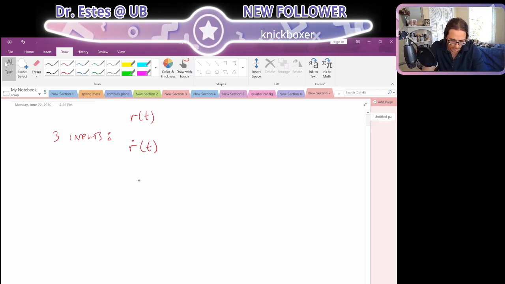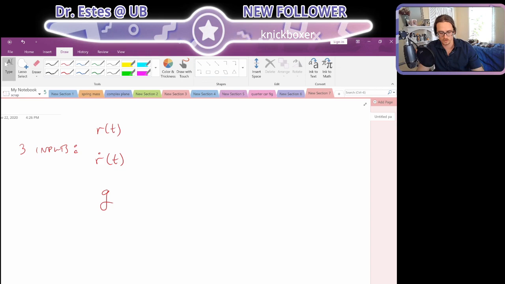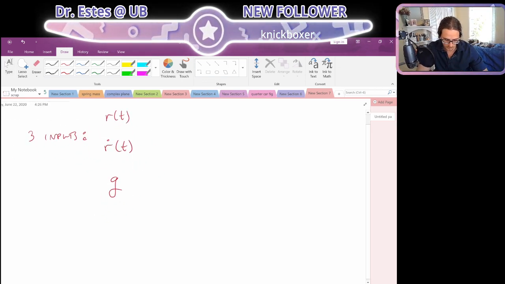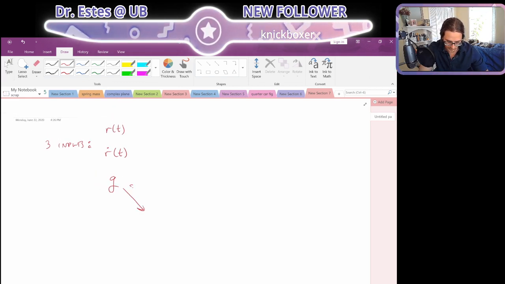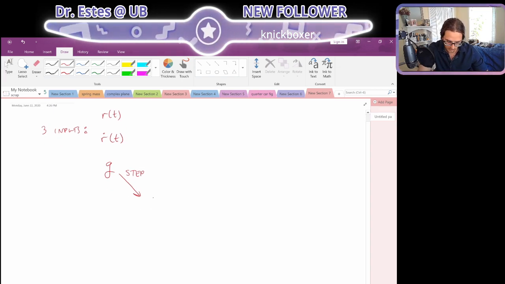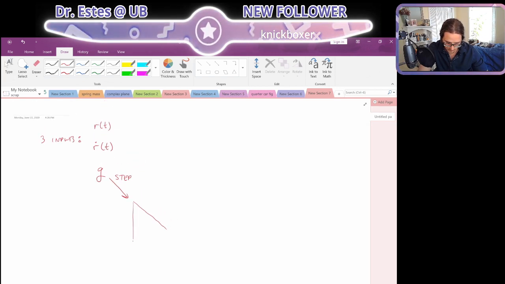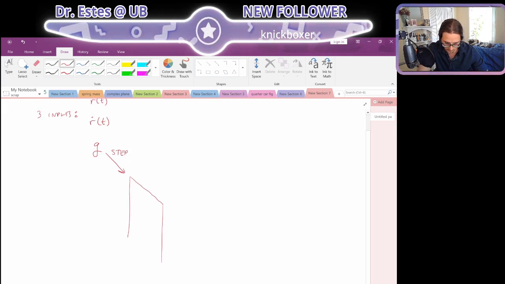And then I also have gravity. If I do a step from gravity, I'm going to make a 2-dimensional matrix, but it's kind of going to be in perspective.